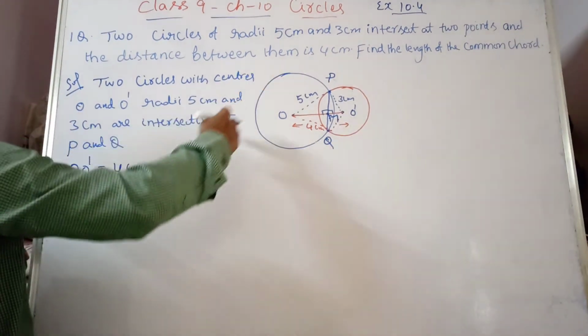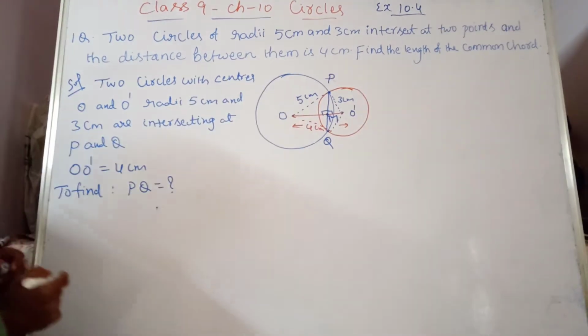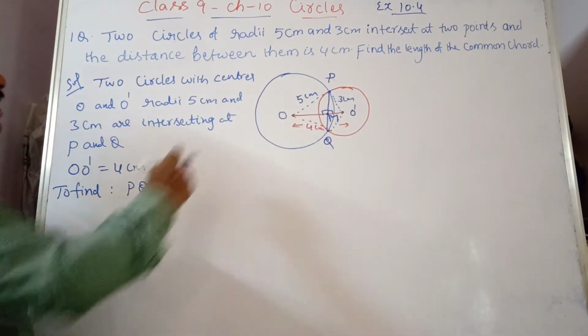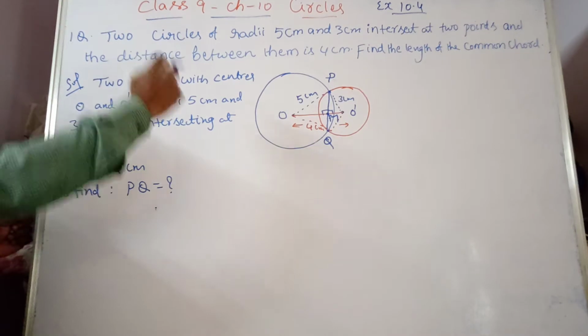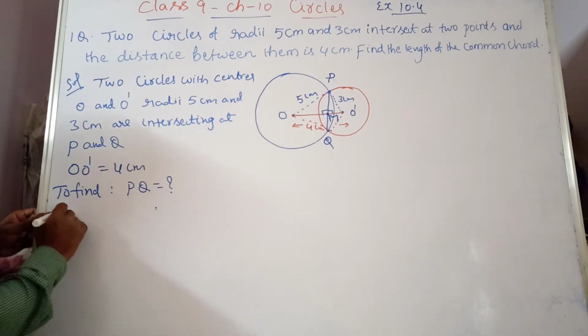Now join OP, which is the radius, and O dash P is also a radius, and PQ is the common chord.